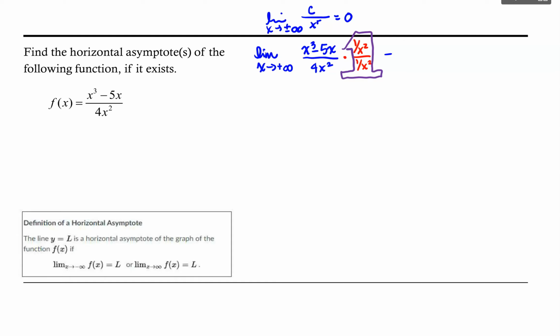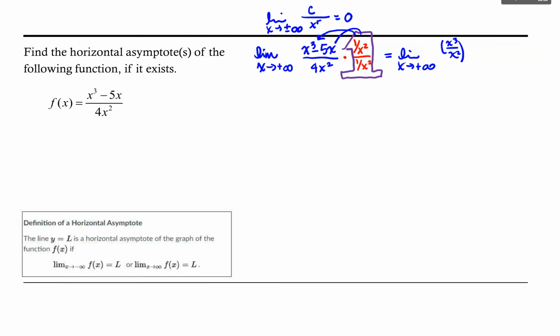So let's go ahead and use the distributive property to multiply this out. So we'll have the limit as x approaches positive infinity. 1 over x squared times x cubed is going to give us x cubed over x squared.